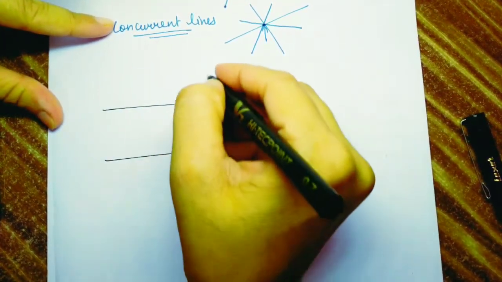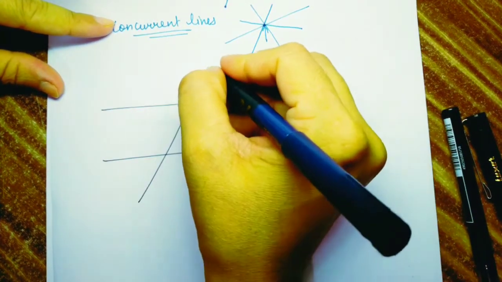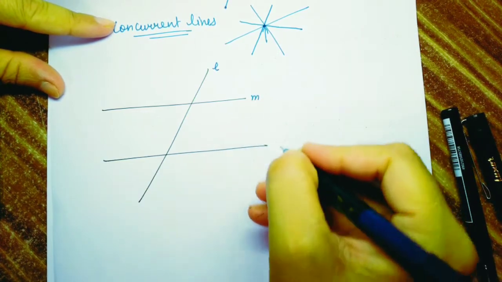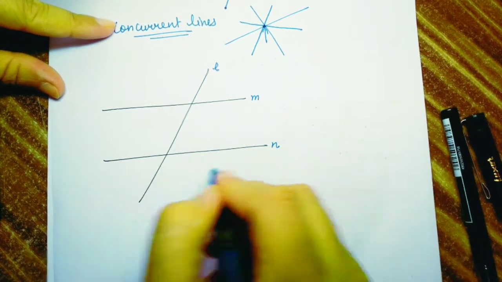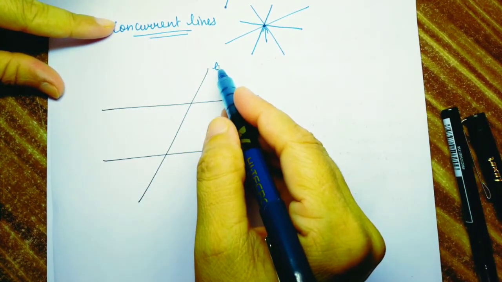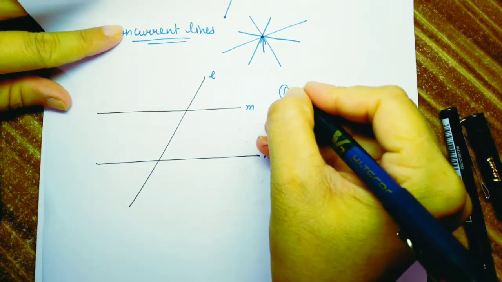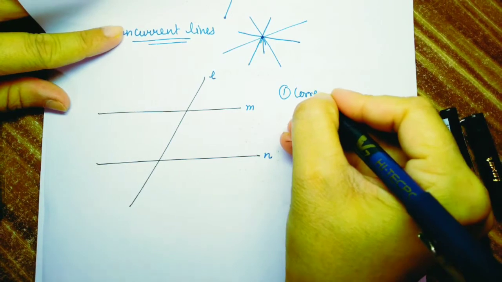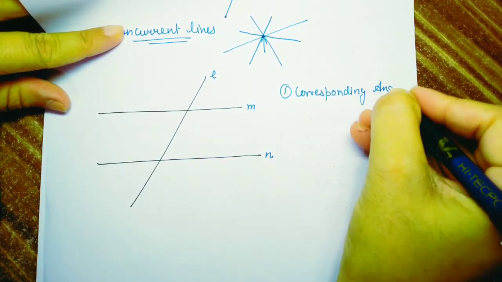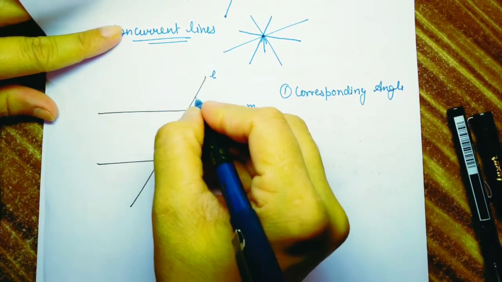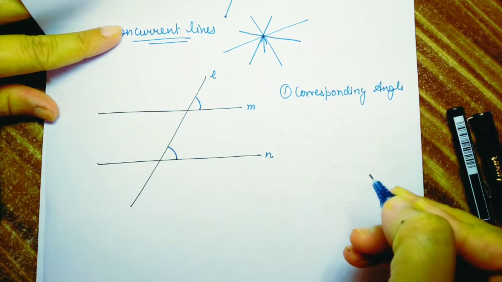First I am going to draw these lines. And these are lines L, M and N. So whenever line L intersects these two lines M and N, line L is the transversal. The angles formed, first we will discuss the corresponding angles. The angles formed on the same side of the lines are called corresponding angles.